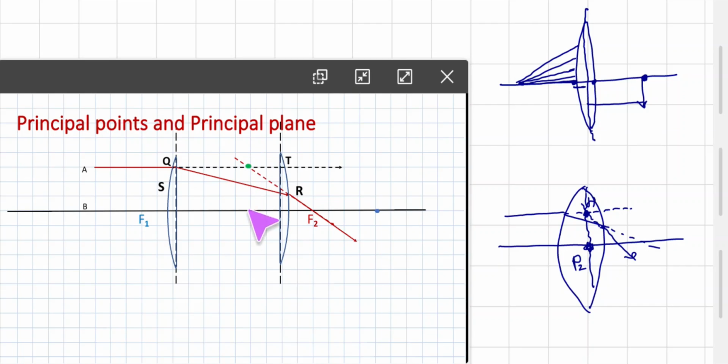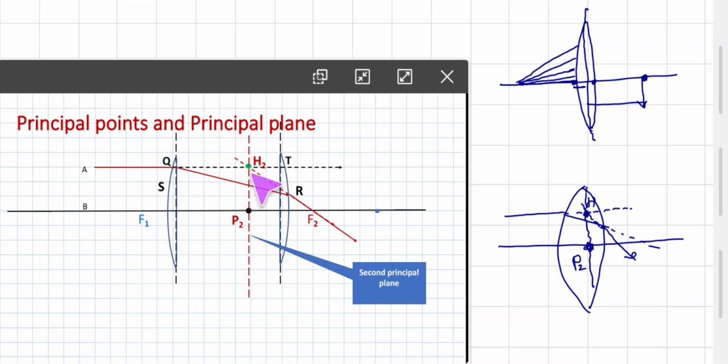If you draw a line through this point perpendicular to the optical axis, you get the point P2, and this is called the second principal plane, and this is the principal point. So far we saw the cardinal points F1, F2. Now we got this principal point P2, and the plane passing through H2 P2 is called the second principal plane.